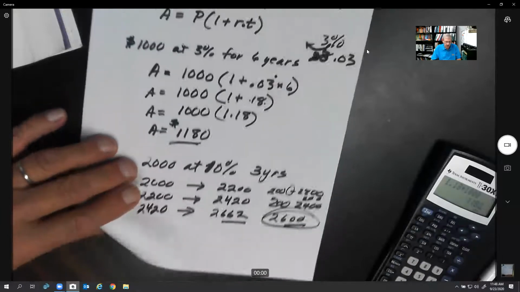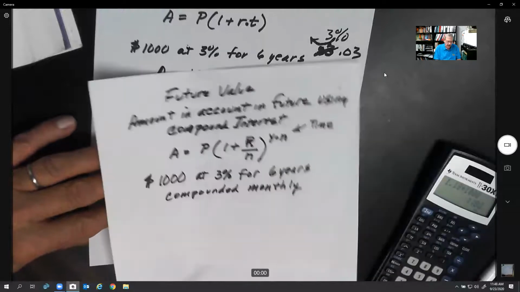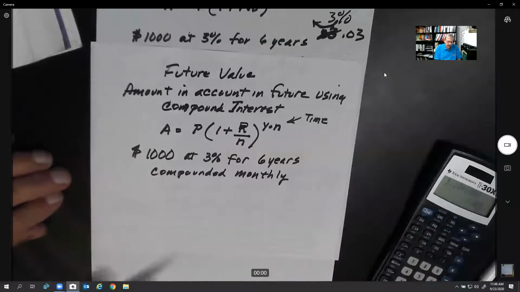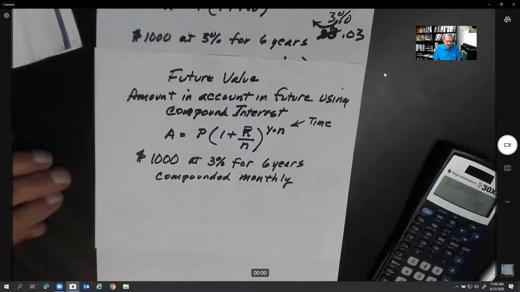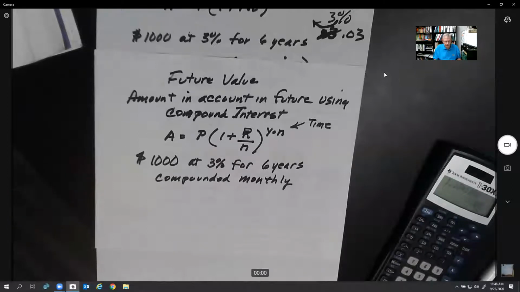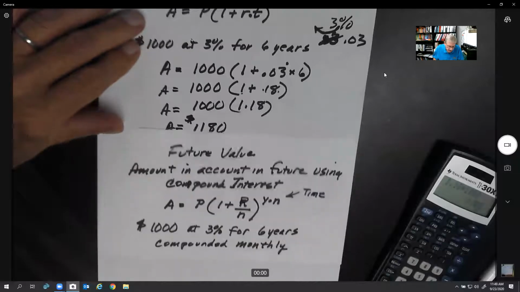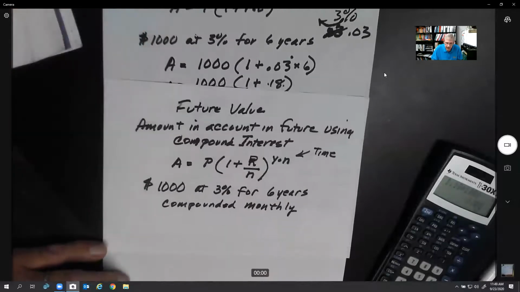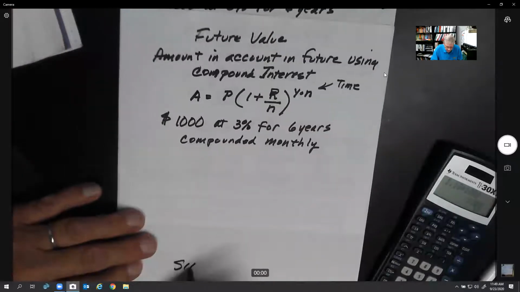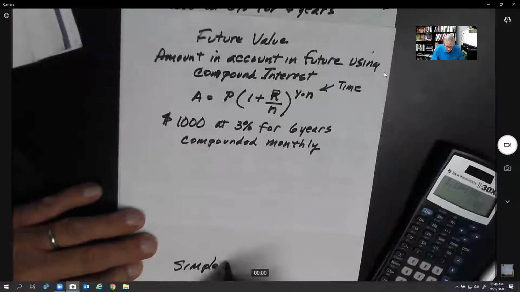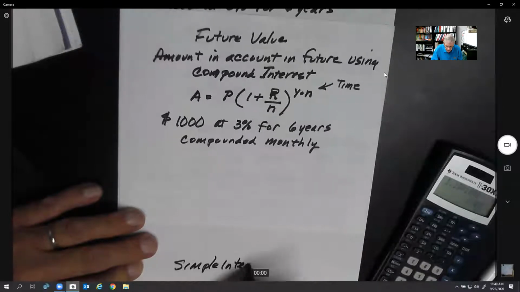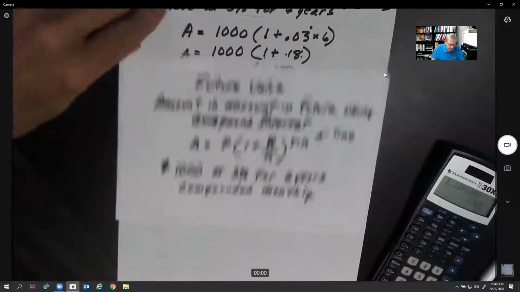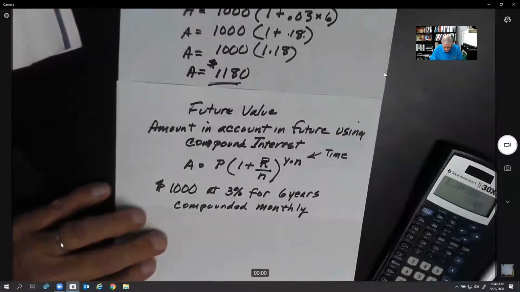So what we're going to do is find out the future value of this same thing, $1,000 at 3% for 6 years using compound interest. Remember, on simple interest, let's write it down here at the bottom. Simple interest, this money grew from $1,000.